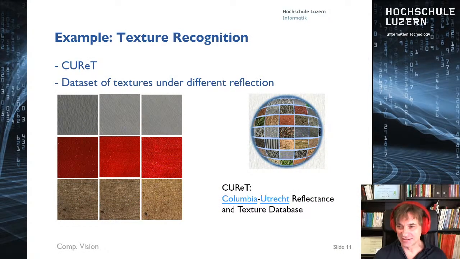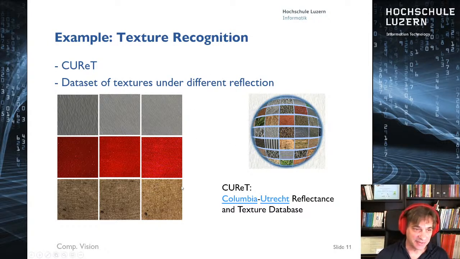Other possibilities that I already mentioned is texture recognition. This can be used maybe in a next segmentation step. So you would like to find out what kind of textures are in the image, and the problem here is that the texture might look quite different under different illuminations.